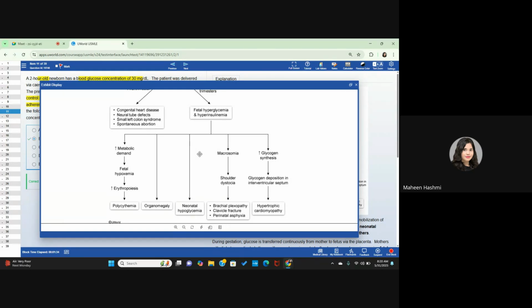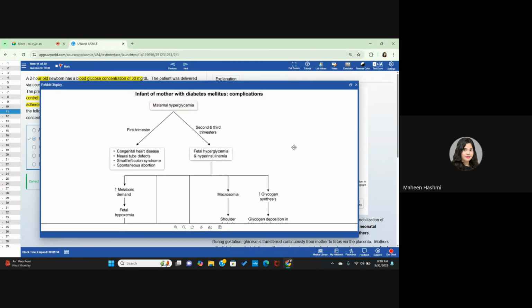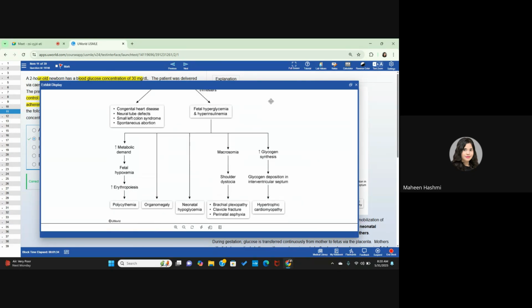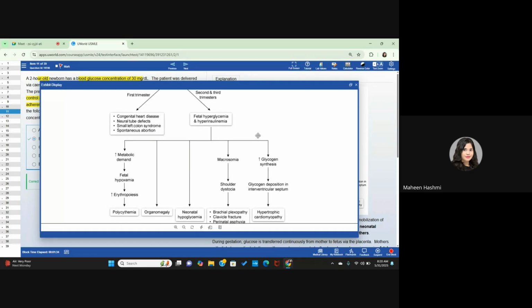But in terms of USMLE step 1, I want you to remember that during the second and third trimesters, the fetus can have hyperglycemia, and when the baby is born, they have neonatal hypoglycemia. All right. So if you scroll, you see that there's neonatal hypoglycemia written over here.